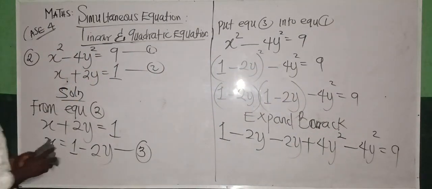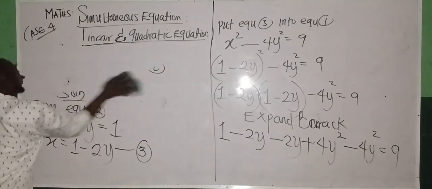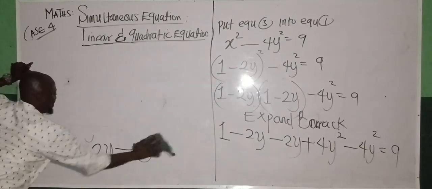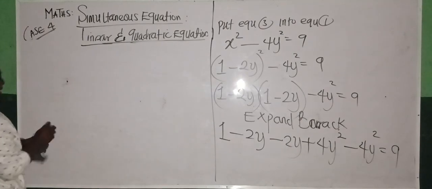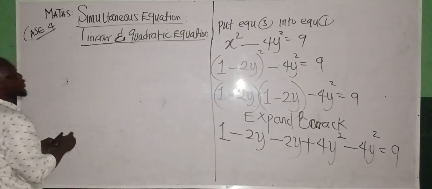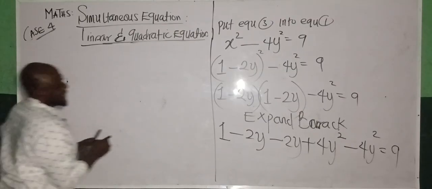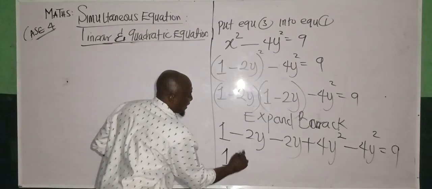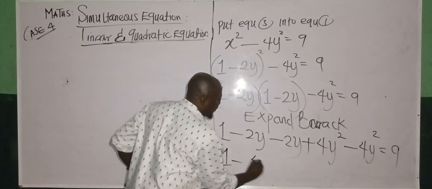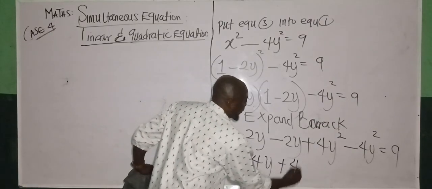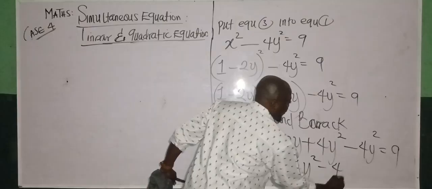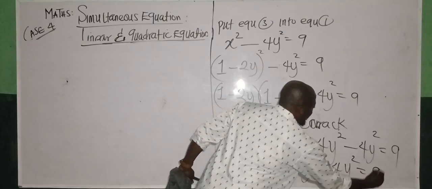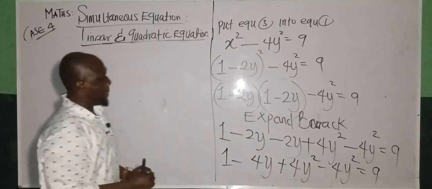So from this point, what do I do? I have 1 minus 2y minus 2y gives us minus 4y, then plus 4y squared, then minus 4y squared, equals 9.